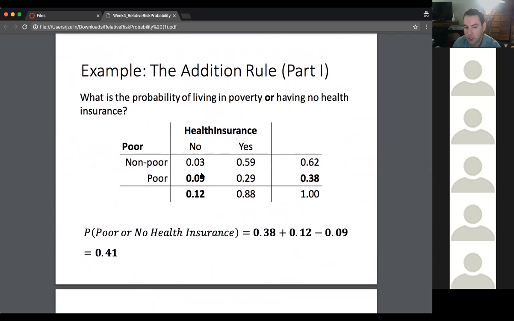So in order to calculate the probability of being poor or not having health insurance, we're going to use the addition rule: 0.38, the probability of being poor, plus 0.12, the probability of not having health insurance, minus the overlap, which is 0.09, and we get our final answer of 0.41 or 41%.